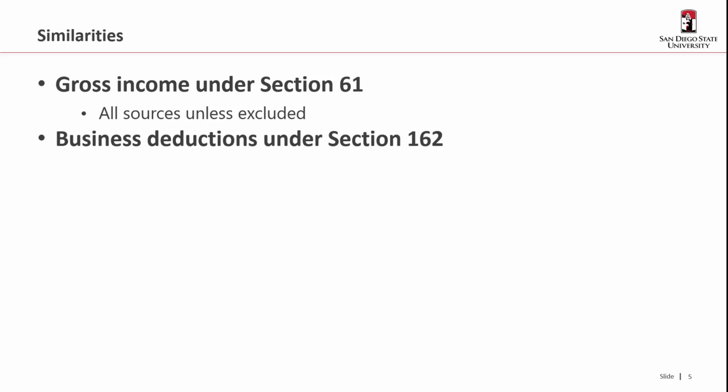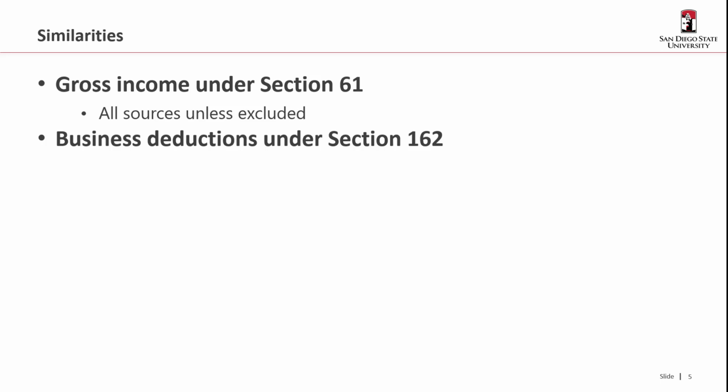So when we think about similarities between individual and, frankly, non-corporate taxpayers, gross income under Code Section 61 covers everyone, right? That's all sources unless that income is excluded. And deductions are generally business deductions under Section 162.